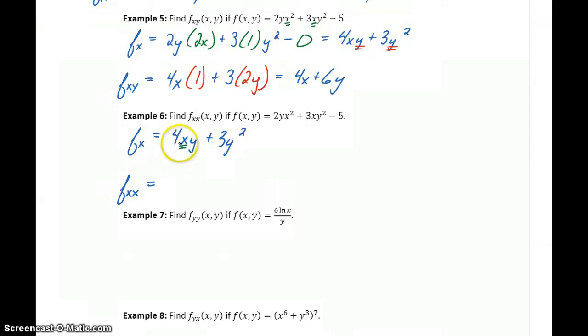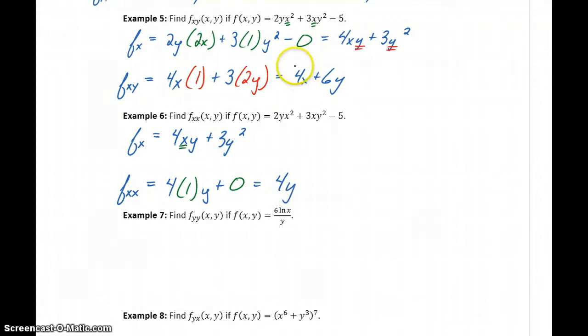So now we'll look at where we have x's occurring. So we'll end up with 4 times the derivative of x, which is 1, times y, plus 3y squared, which we're treating as a constant, so that becomes 0, meaning our final result here is 4y.